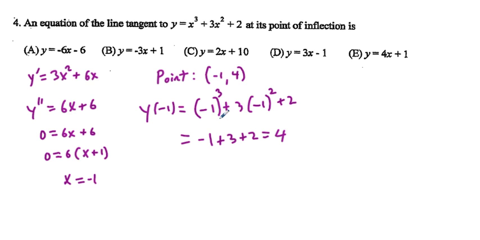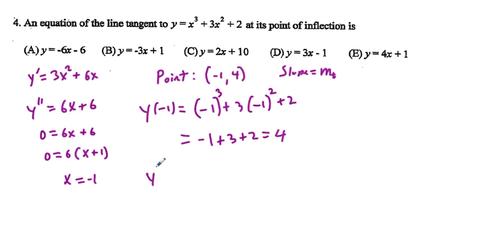And next we need to find the slope. Well, the slope, which we're going to call m sub t, is going to be equal to plugging in the first derivative. So I'm using this function up here.